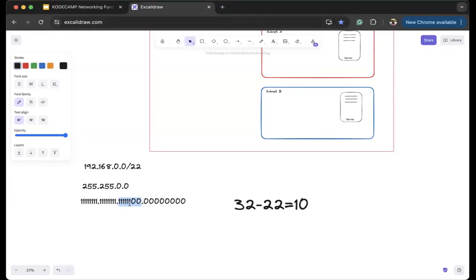That's 6. So you can have this as your subnet mask, for instance, for /22.